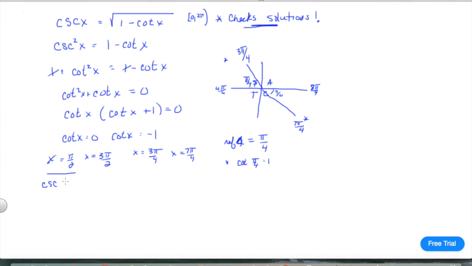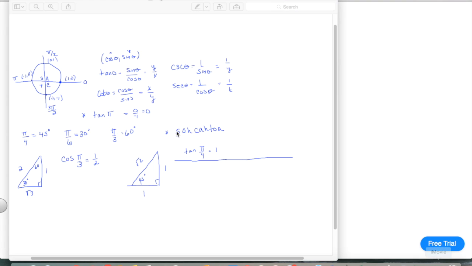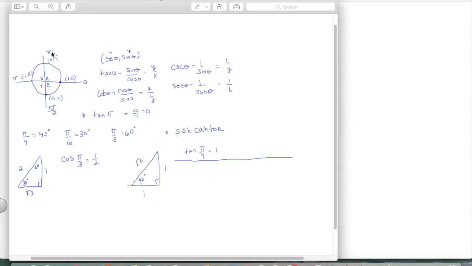So I would have cosecant of pi over 2 is equal to the square root of 1 minus cotangent of pi over 2. Okay, so cosecant of pi over 2. Think about, again, your little cheat sheet. All right, so here's pi over 2.